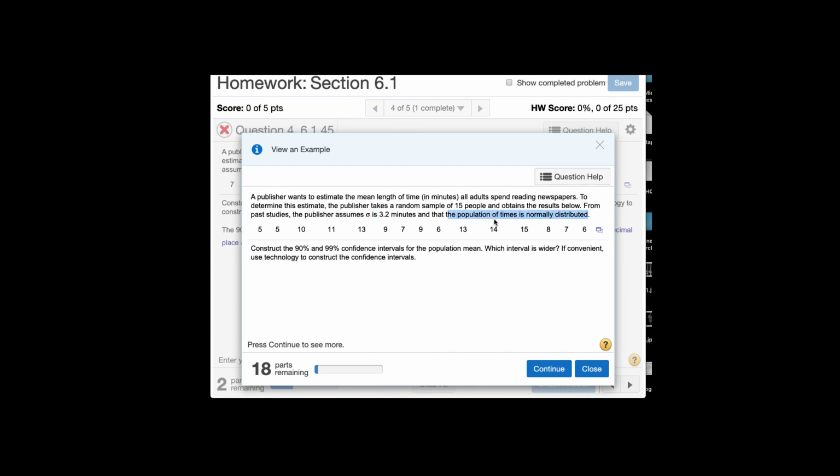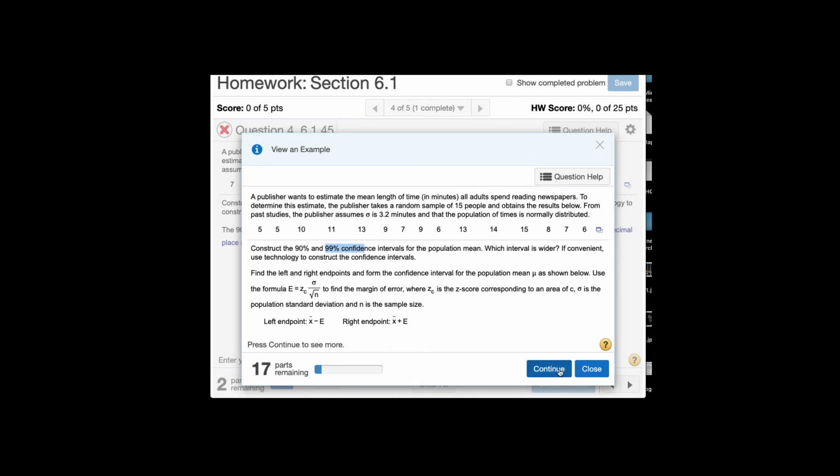The population of times is normally distributed, which is a fact we need in order to use z-scores and all that. Construct the 90% and 99% confidence intervals. Which one is wider? Obviously 99% is wider. We can use technology, but let's do it without technology first. Find the left and right endpoints.